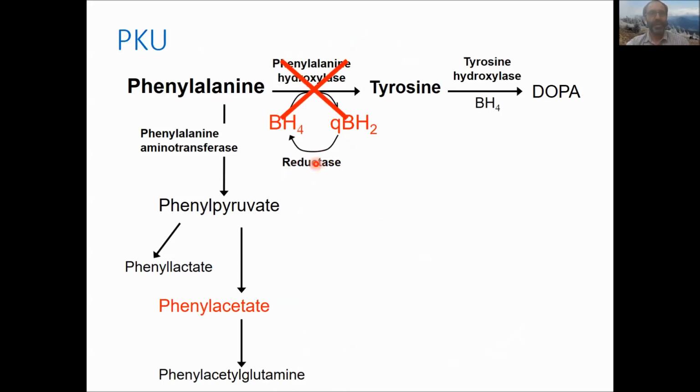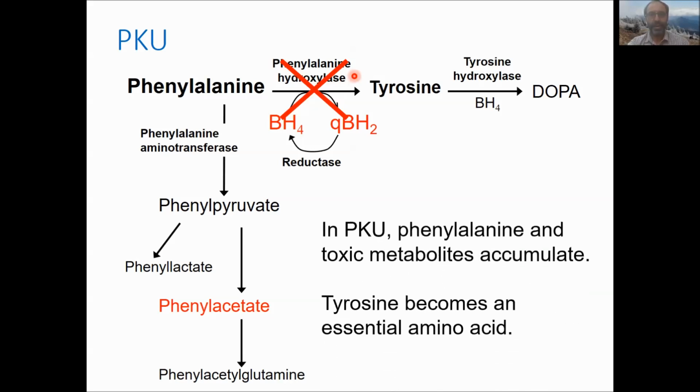It was for treating PKU in mice, and the deficient enzyme is phenylalanine hydroxylase, and we replaced that with an AAV8 vector. In doing that, we intended to lower the phenylalanine and toxic metabolites that accumulate in PKU and then produce tyrosine, which is an essential amino acid in PKU in absence of PAH expression.